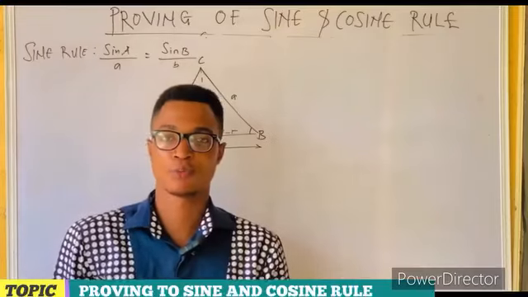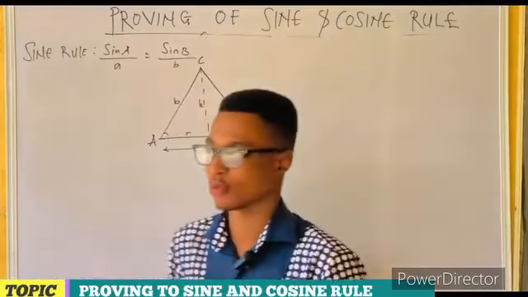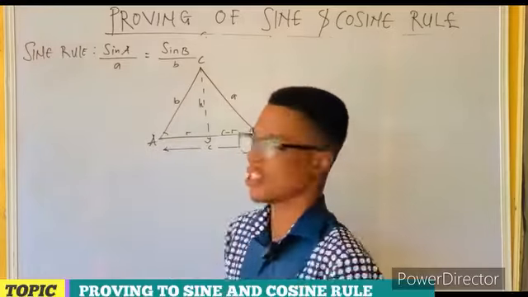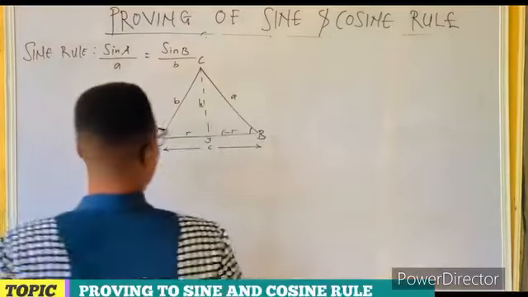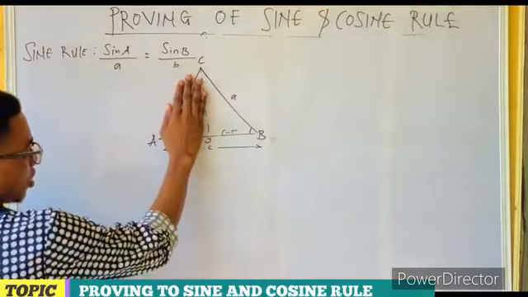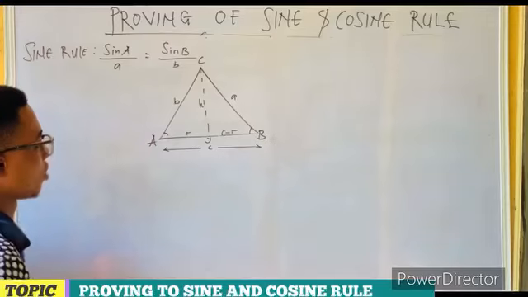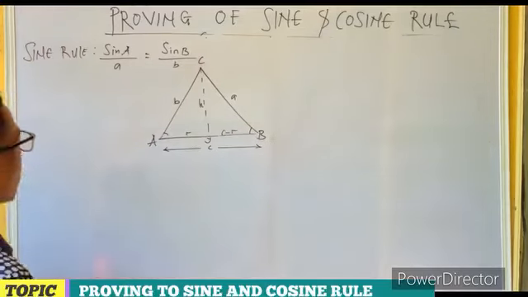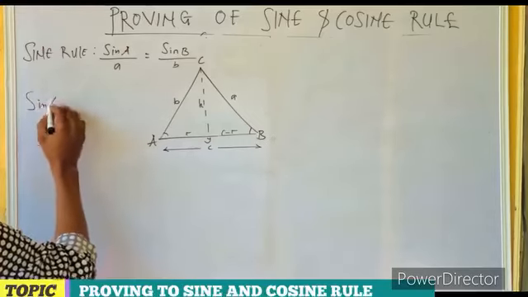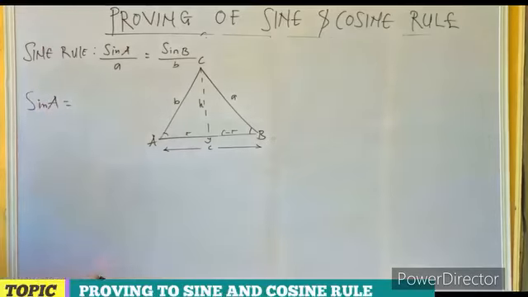Now we need to prove the sine rule. Sine A over a equals sine B over b. For us to prove this rule, we need to consider this part of the triangle. Also, we need to apply SOHCAHTOA, where we have sine A is equals to opposite over hypotenuse.